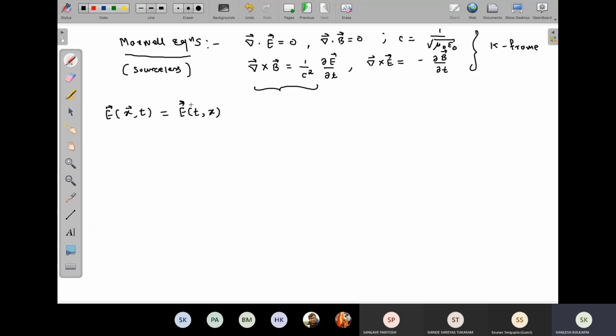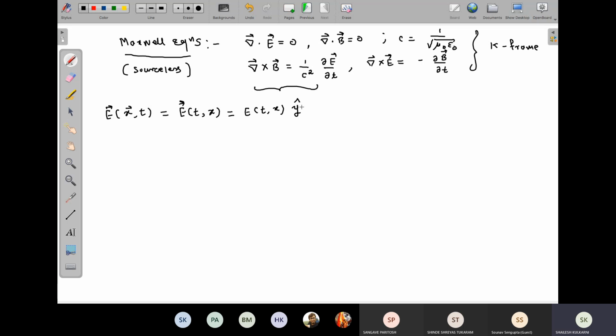It is still a vector, and I will choose the direction along the y-axis. So this is the electric field directed along the y-axis, and it changes with time and x coordinate. I have chosen this form just to simplify the calculations.